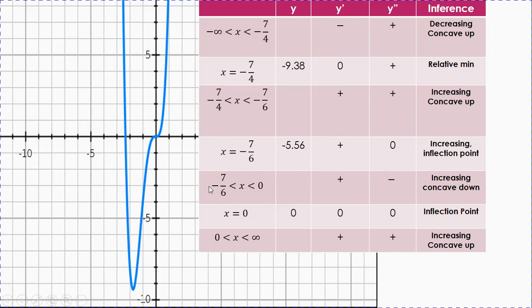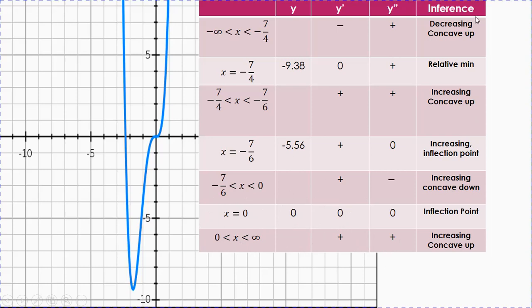If we choose any x between negative 7 over 6 and 0, let's say negative 1/2, y prime would be positive and y double prime would be negative. At x equals 0, f of x is 0, first derivative is 0, and second derivative is 0 as well. And if we choose any x bigger than 0, first derivative and second derivative would be positive.